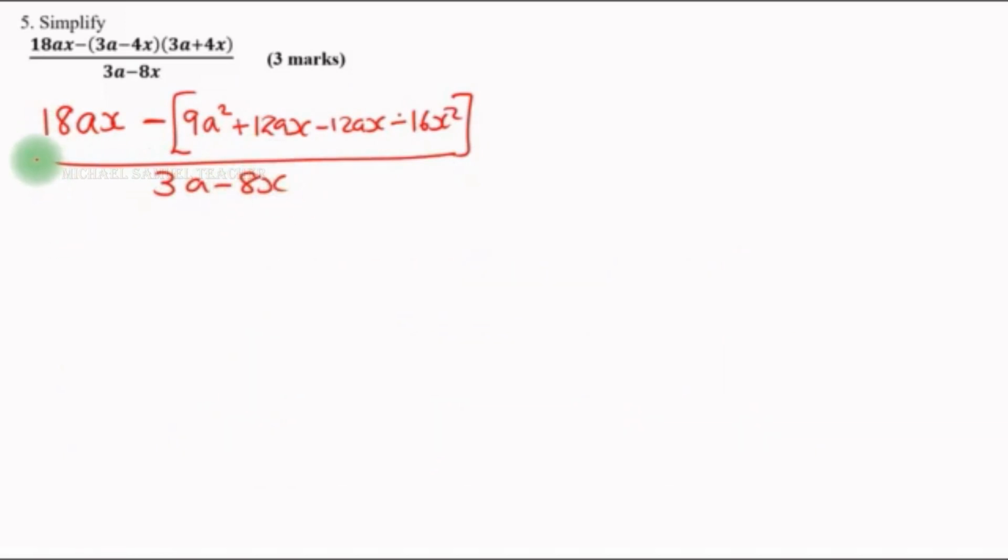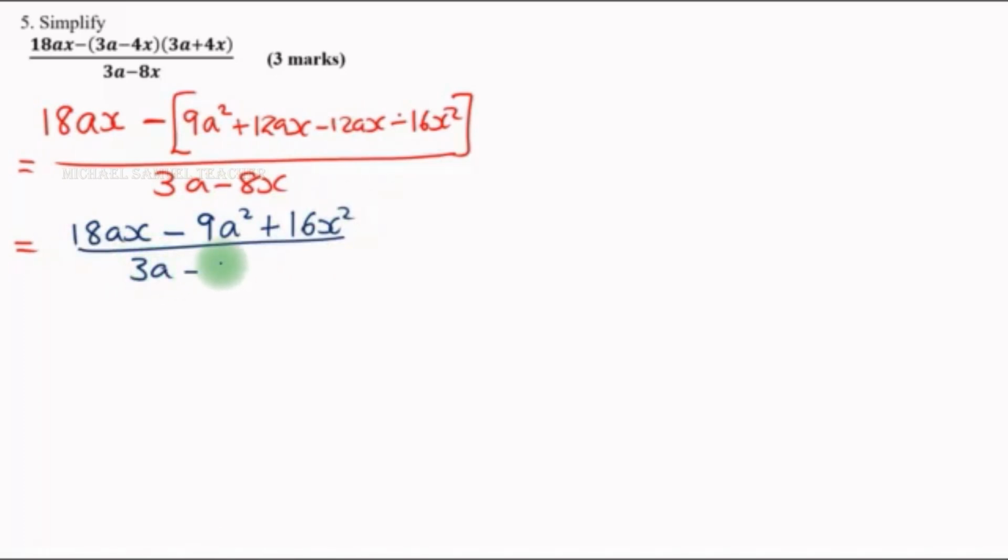So from here, this will be, so 18ax. So already this has been eliminated, so we have minus 9a squared, then plus 16x squared, all over 3a minus 8x.